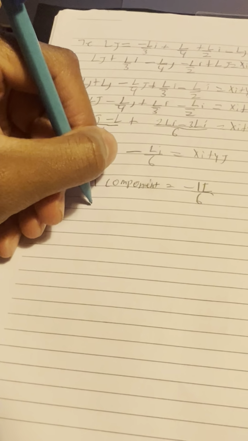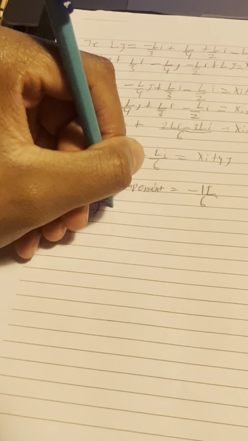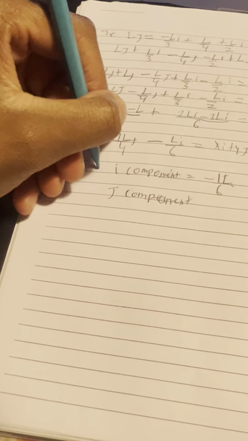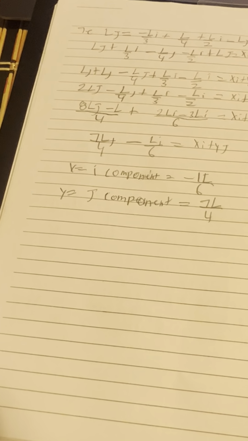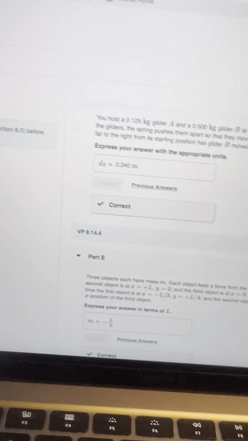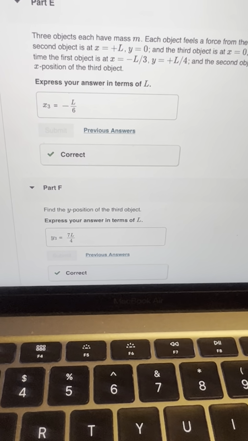And then the J is Y, so the J component, we'll say X equals I and Y equals J, equals 7L over 4. And as you look here, those are the answers I got: X equals negative L over 6, and then Y equals 7L over 4.